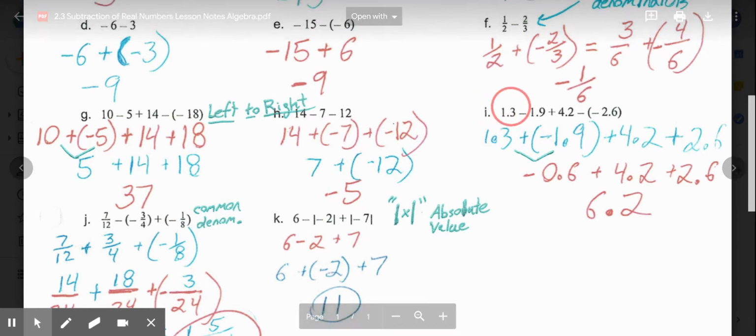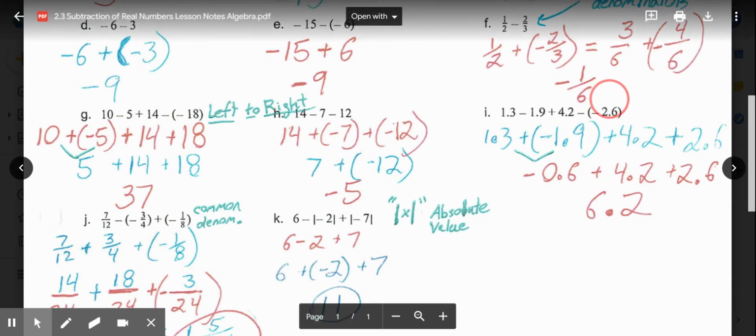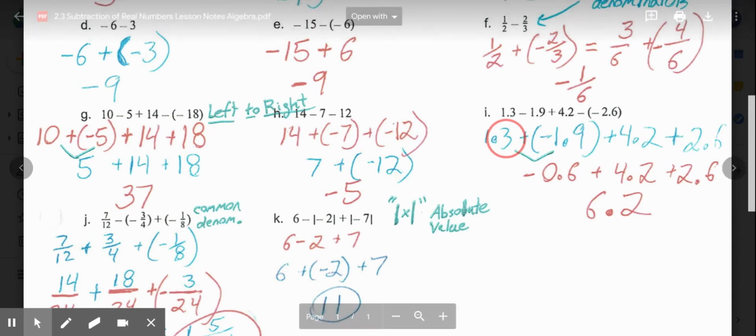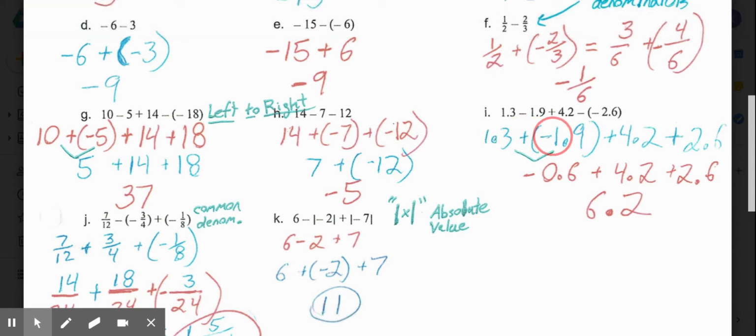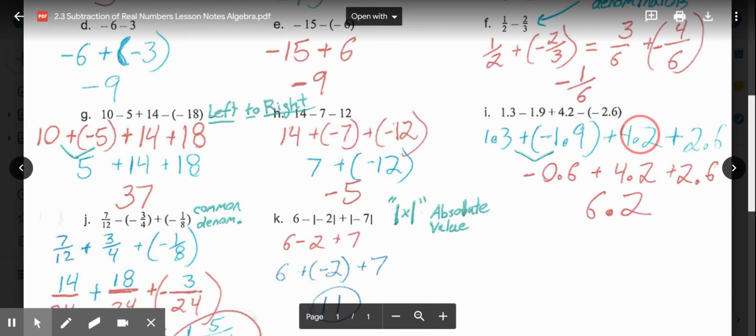In I, even though it's decimals, we still follow the same rules and then work it left to right. So changing our subtraction into addition, our problem becomes 1.3 plus a negative 1.9 plus a 4.2 plus a 2.6.